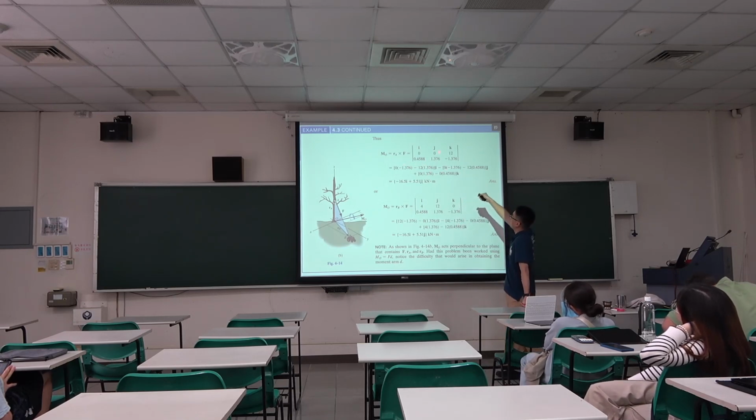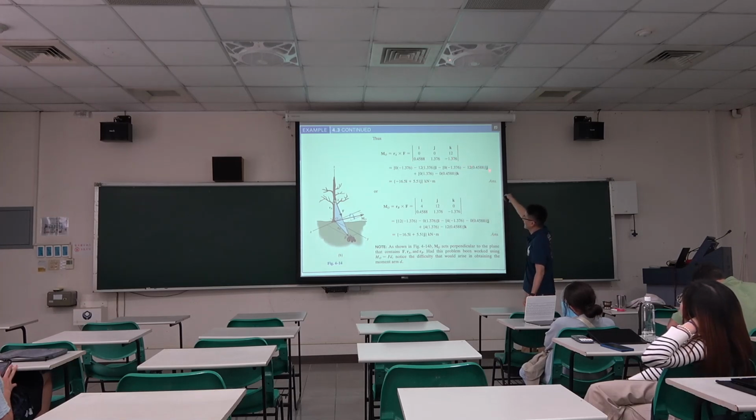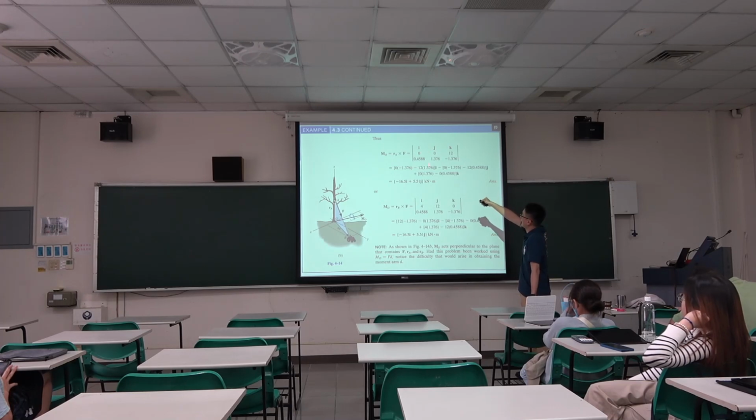Then for the second part, we cancel this line, but we should use negative. Then 0 times this part is 0, minus 12 times this. Then the third part, we cancel this line and this line, but both of them are 0, so in our calculation we don't need to care about that.